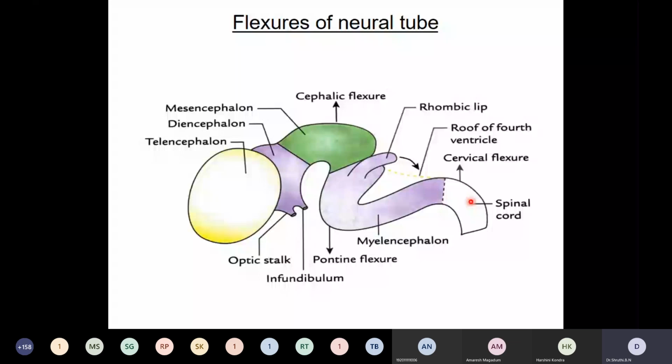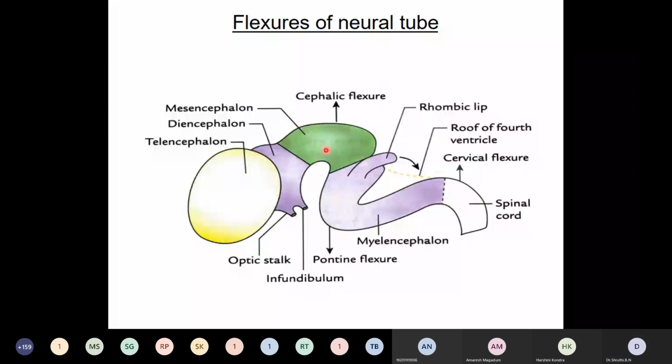Can you see the color differentiation here? From this line to this line, it is the rhombencephalon. This green colored structure is the mesencephalon, and here it is the yellow and purplish. They are the parts of the prosencephalon. So here the cervical flexure, which is the dorsal convex flexure, lies at the junction of the rhombencephalon and the spinal cord.